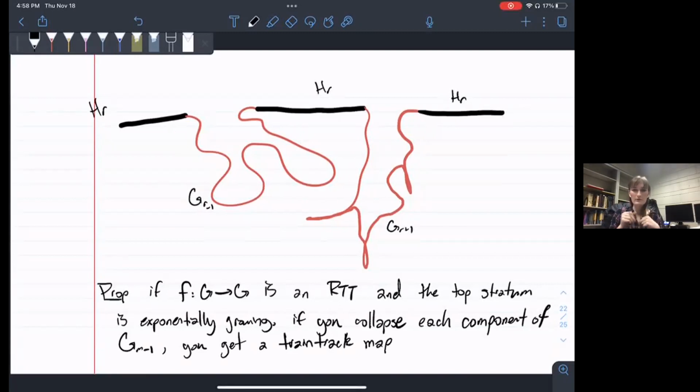So in a sense, a relative train track map really is a relativized version of a train track map if you allow yourselves to collapse down from a graph to a graph of groups, or from a graph of groups to a collapsed graph of groups even.